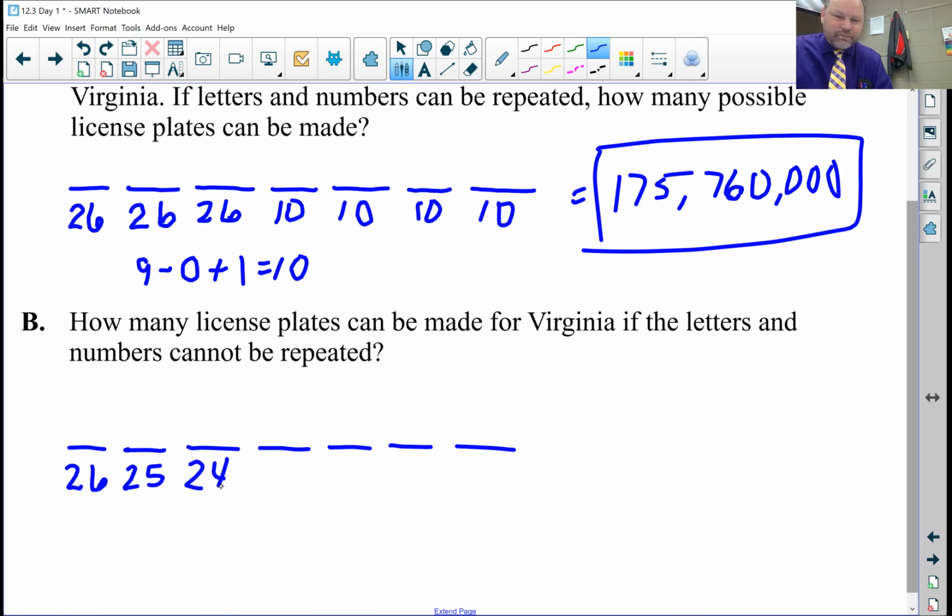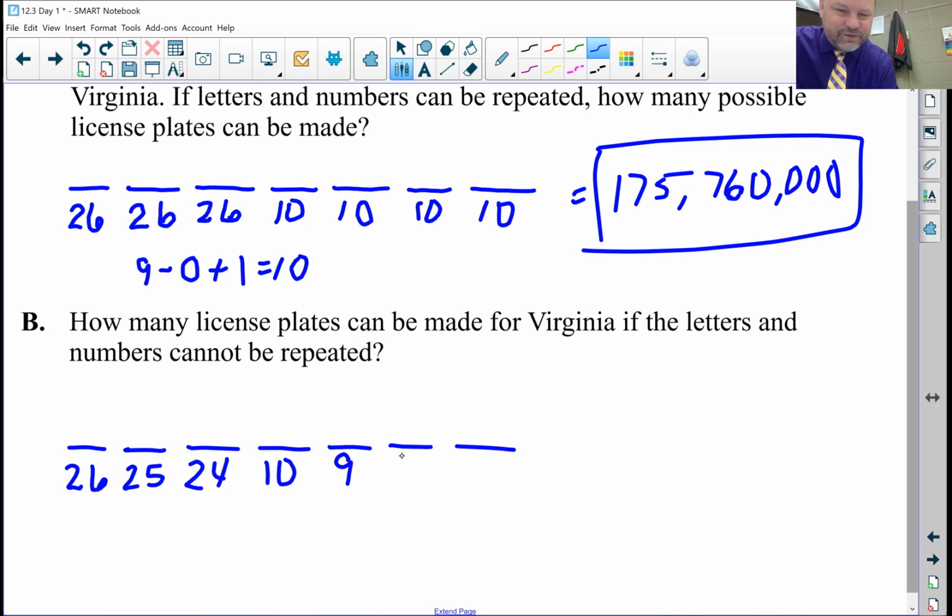And now we get to the numbers. How many choices for the first number, the first digit on our license plate? 10. Yep. Still 10, just like with the first way where we could repeat. Now we've made that choice. How many choices for the next number? 9.